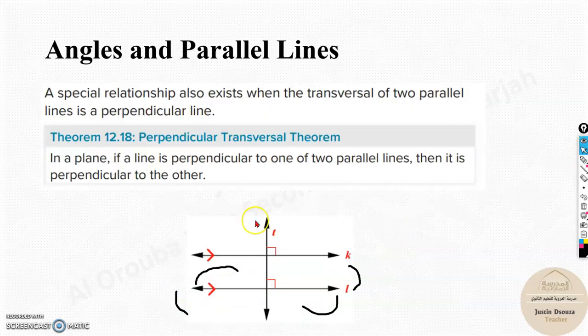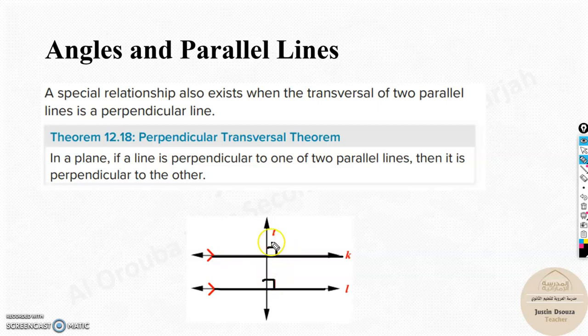There is also a special relationship, the perpendicular transversal theorem. In a plane, if a line is perpendicular to one of two parallel lines, then it is perpendicular to the other. What it means is, if this is the transversal cutting one of the lines and making 90 degrees, then since the slopes of the parallel lines are the same, the other line also must be cut at 90 degrees.